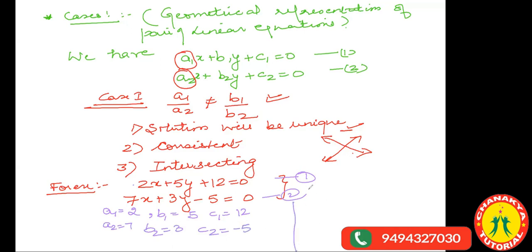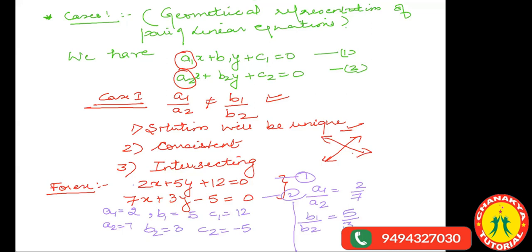Now children, find the fractions. A1 upon A2 will be 2 by 7, and B1 by B2 will be 5 by 3. Now tell me, are they equal? No, ma'am.